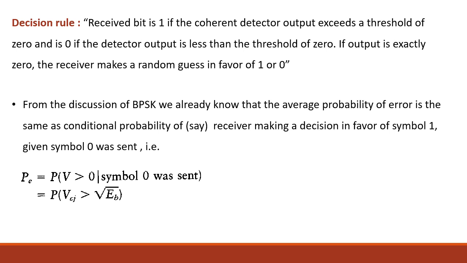This is the conditional probability that the receiver makes a decision in favor of symbol 1 given that symbol 0 was sent. That is, the decision in favor of symbol 1 is made when the received value capital V is greater than the threshold value of 0. So this probability is the probability that VCJ is greater than root of EB.